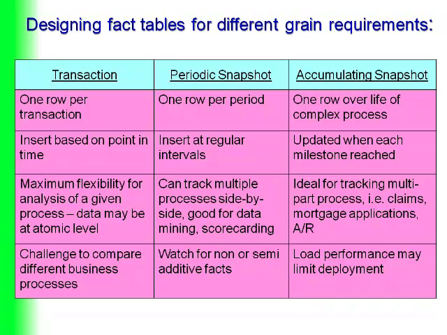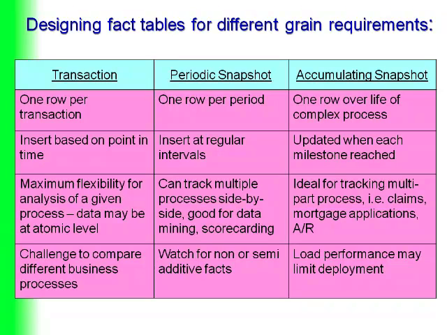data. In the case of periodic snapshot, we can track multiple processes side by side. It is very good for scorecard-based applications. In the case of accumulated snapshot, I repeat, the accumulated snapshot is ideal for tracking multi-part processes, that is, claims, mortgage applications, etc. So a great challenge exists for the transaction-oriented fact table design to compare different business processes.